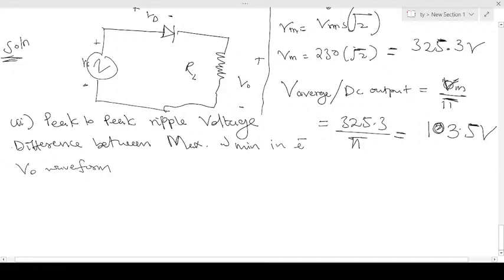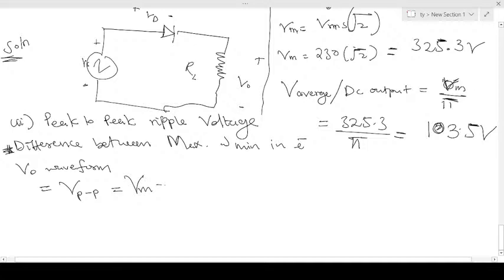This is giving us V peak to peak is equal to Vm, which is your maximum, minus your minimum.